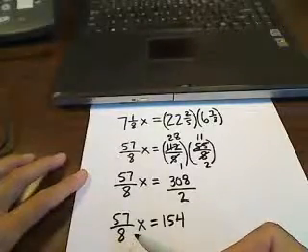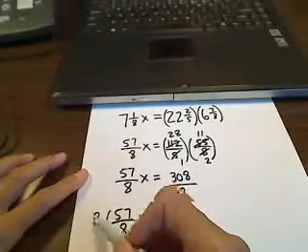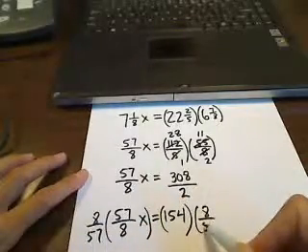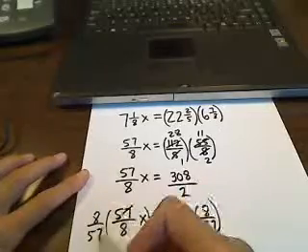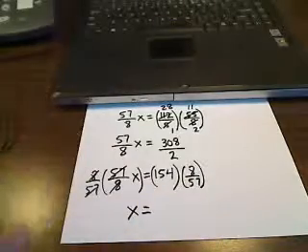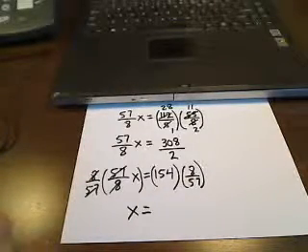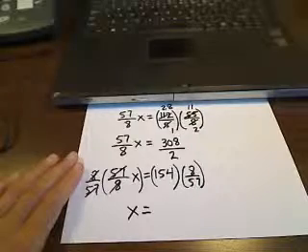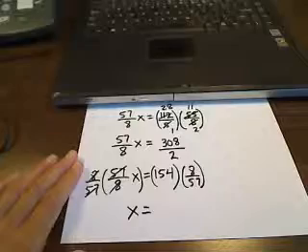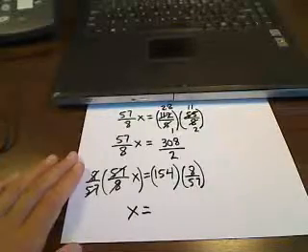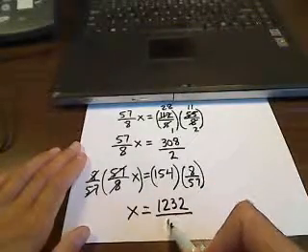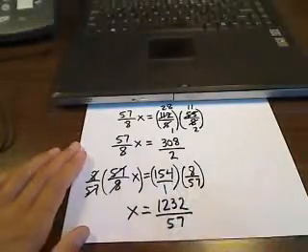To deal with this, I'm going to multiply both sides by 8 over 57, the reciprocal, so that I can solve for x. They do want the answer in mixed fraction form. So we take 154 times 8 and get 1232 over 57, because 154 basically has a denominator of 1.